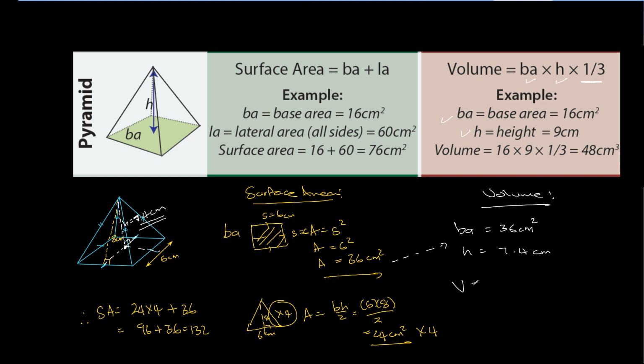Lastly, to calculate the volume, we take those two numbers, BA times height, and we multiply it by the special number 1 over 3. That comes to 36 times 7.4 times 1 over 3. Let's put that on a calculator. 36 times 7.4 times 1 over 3. That's 88.8 centimeters cubed.